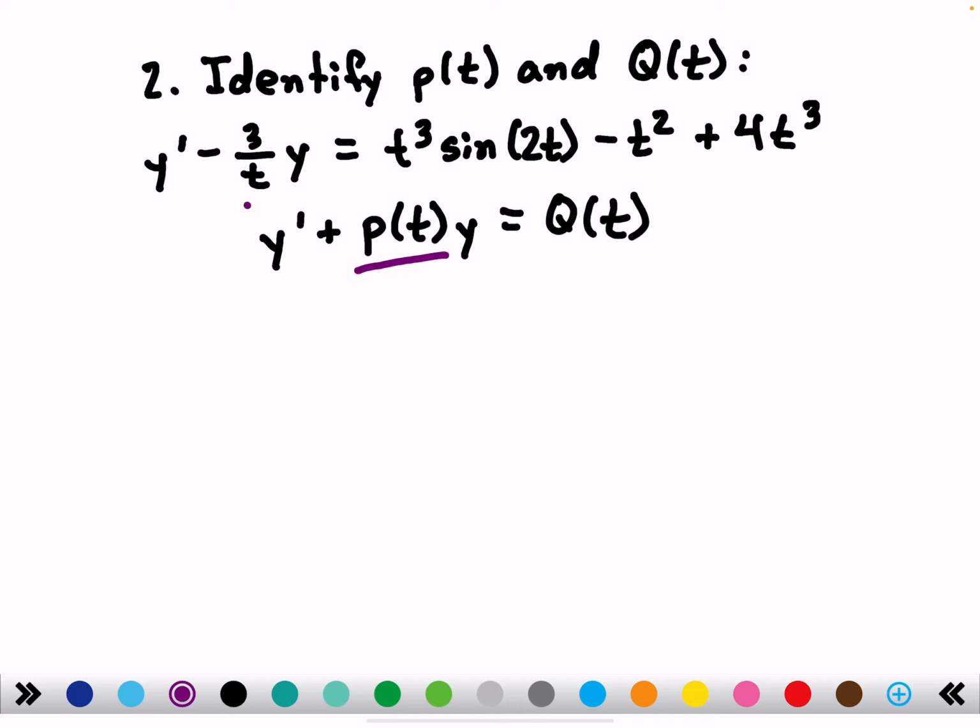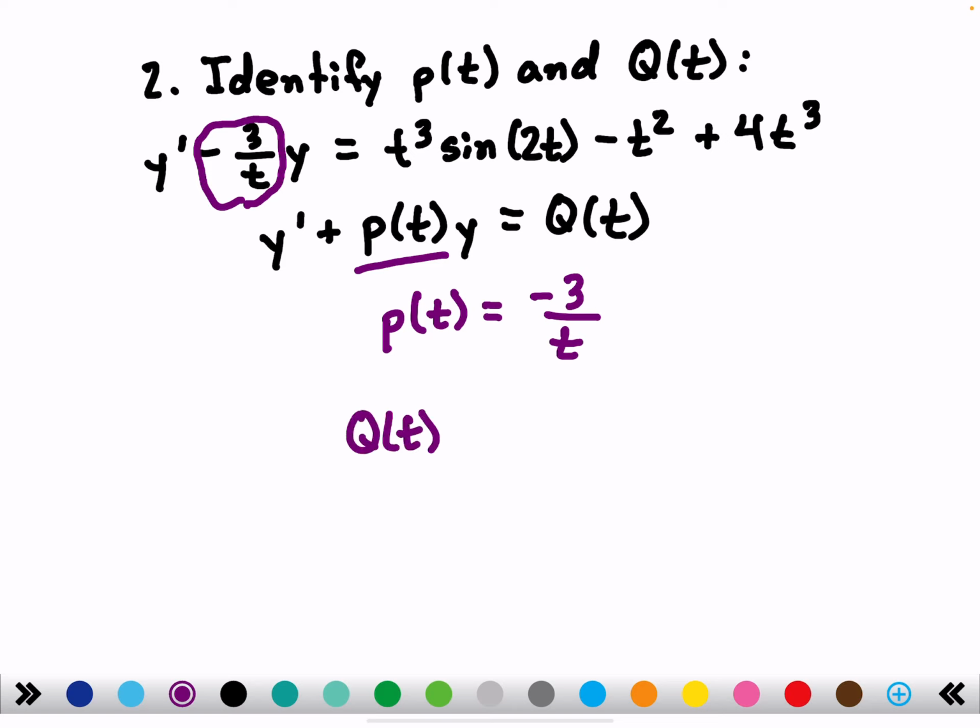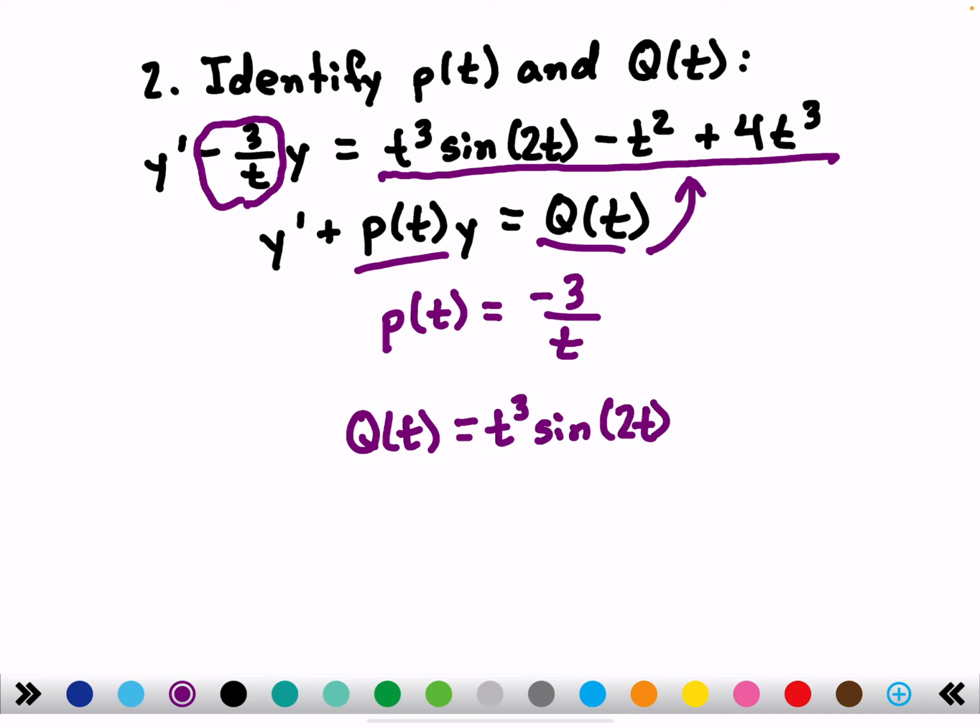So p sub t is whatever is multiplied times y. So p sub t equals negative 3 over t. Q sub t is whatever this equation is equal to, so it will be all of that: t cubed sine of 2t minus t squared plus 4 times t cubed.